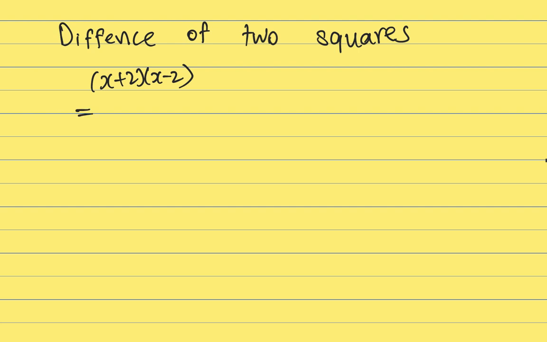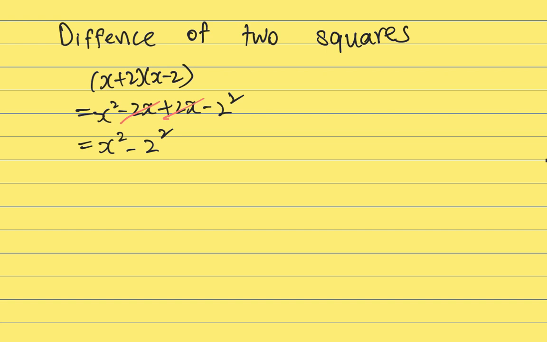We first expand the bracket. We can get x squared minus 2x plus 2x minus 2 squared, and then we get rid of the negative 2x and plus 2x. We eventually get x squared minus 2 squared.